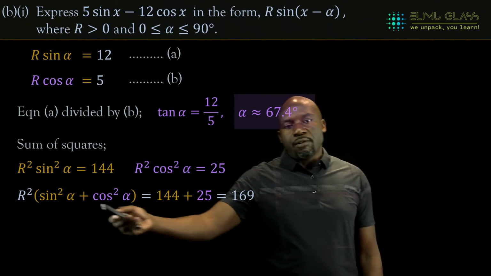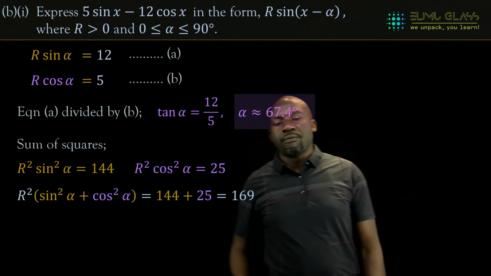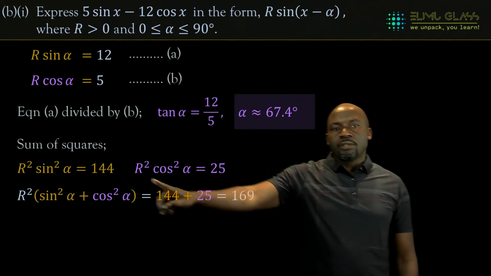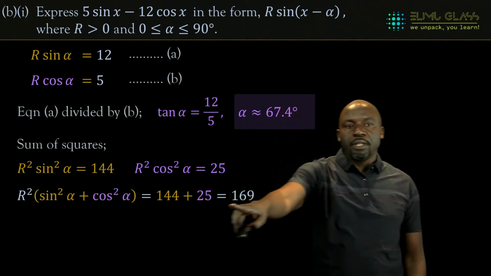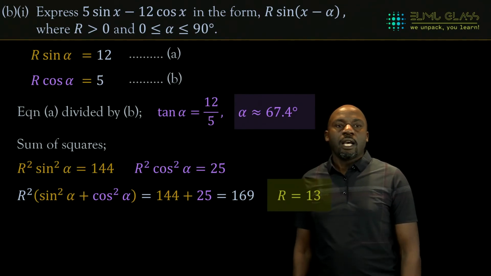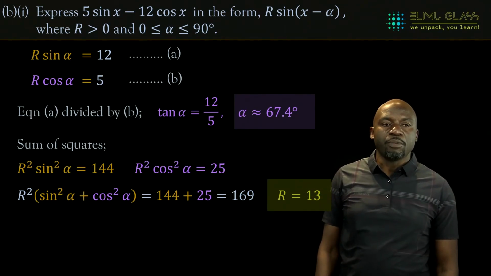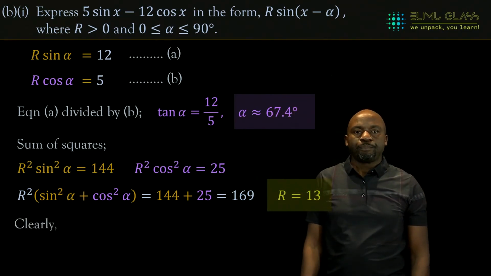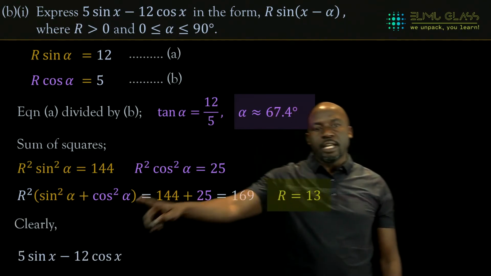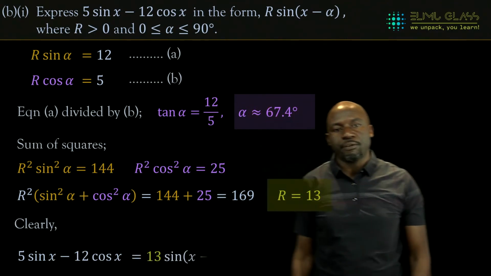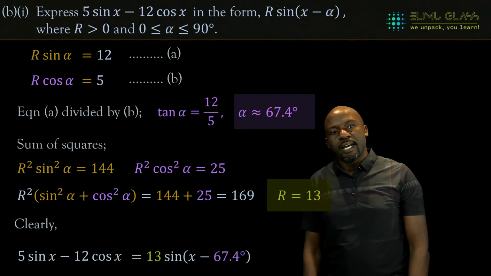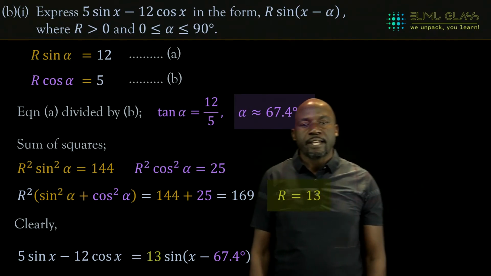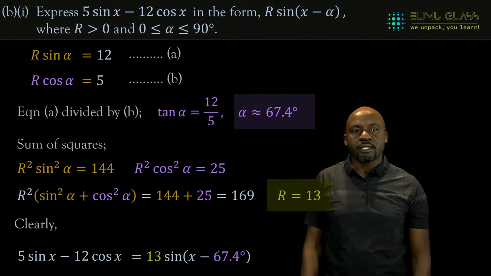The stuff in the bracket is the first Pythagorean identity, which is equal to 1. So r squared is simply 169 and r is 13. Now we can say that our expression can be reduced to the form 13 sine of (x minus 67.4 degrees). We have expressed this as required.